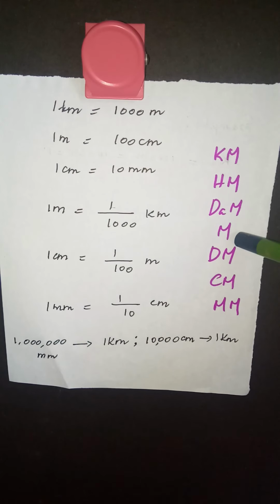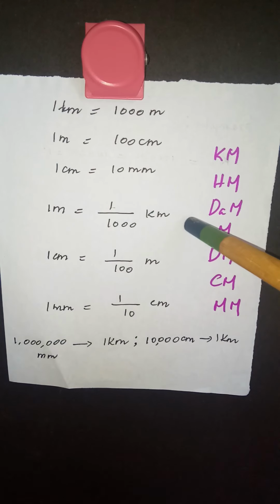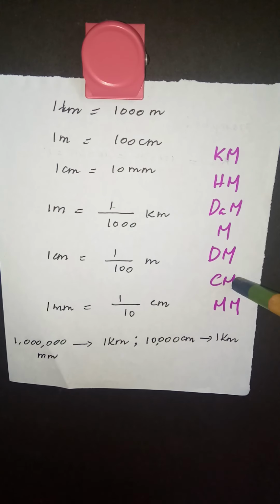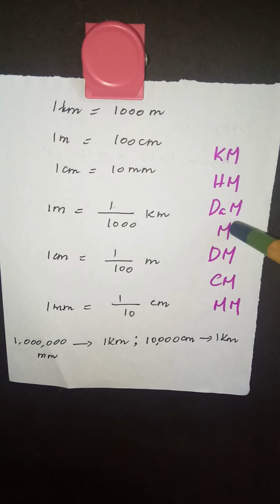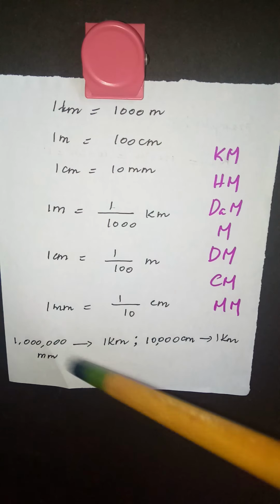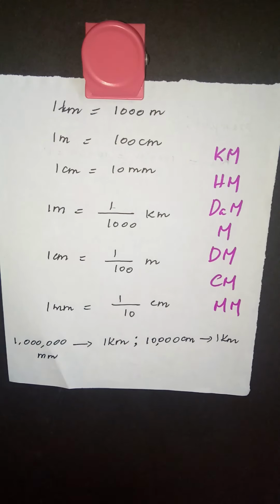Now 1 meter is equal to how many kilometers? I told you if you're going up, divide. So 1 meter is equal to how many kilometers? 1, 2, 3. So 1 divided by 1000 kilometer. Same way, 1 centimeter is equal to how many meters? 1, 2. So 1 divided by 100 meter. 1 millimeter is equal to how many centimeters? 1 by 10 centimeters.